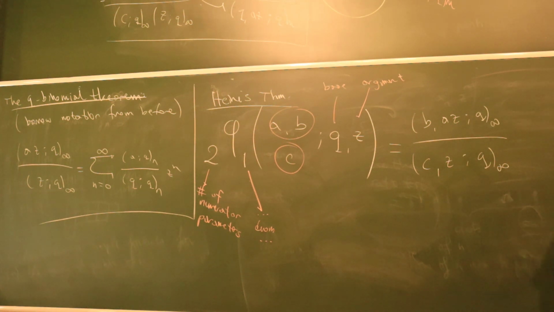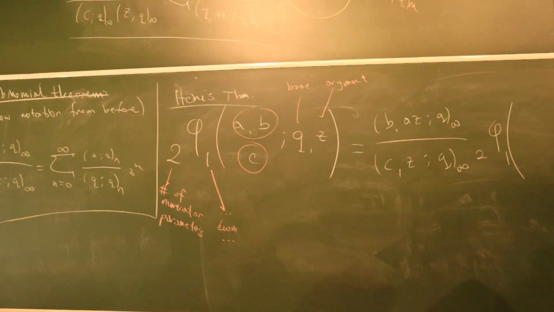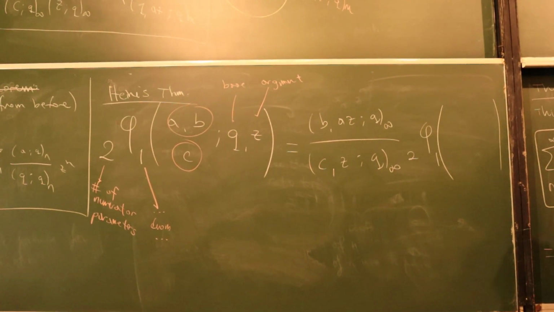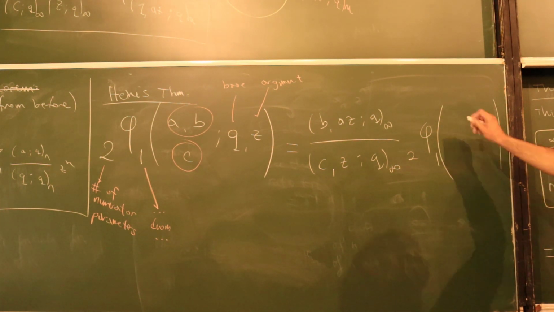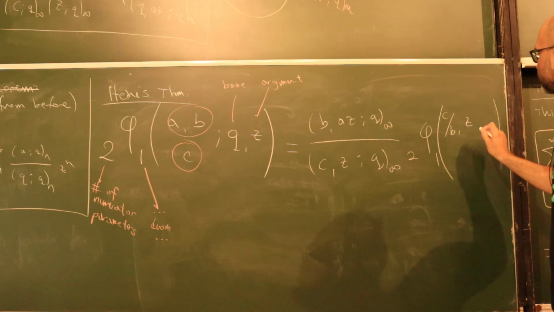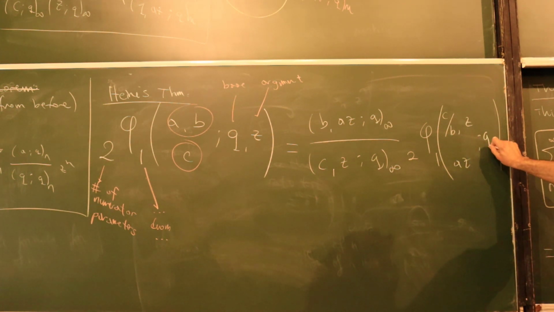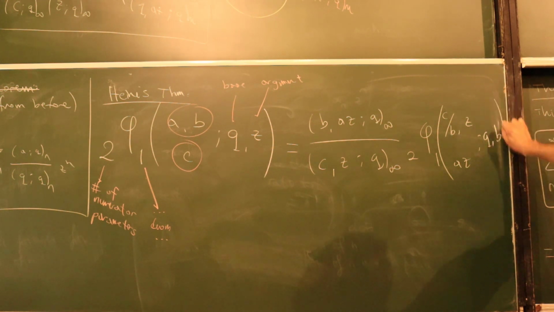This is just notation. Is 2 phi 1. And the numerator factors are C divided by B, and Z. We have A times Z here, the base is Q, and the argument is B.